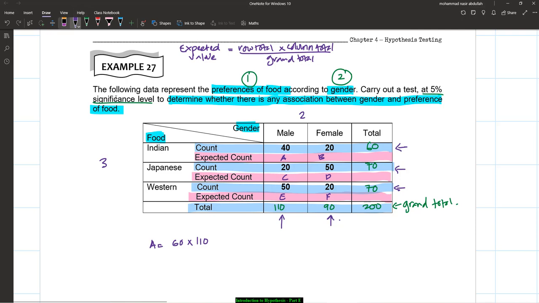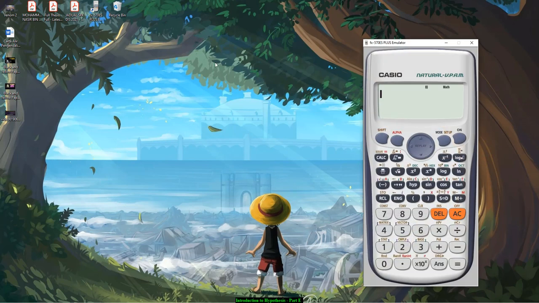If you are confused, let me clear this so we can see clearly. So the row total for A and column total for A, it should be 110. Divide by grand total. Grand total is 200. Then we need to calculate the expected frequency.